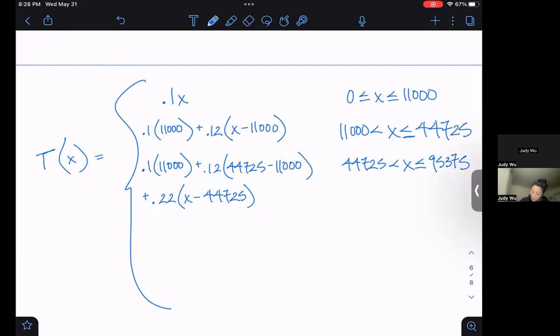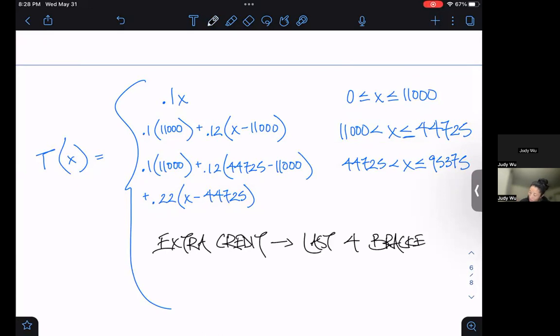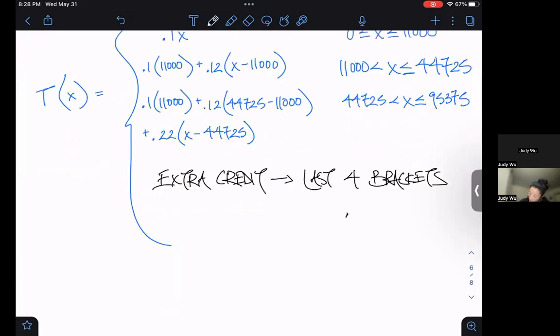So if you are interested, I'll leave you with this extra credit. If you complete the last 4 brackets, and explain your reasoning to me. So in other words, explain to me how you got your formulas.